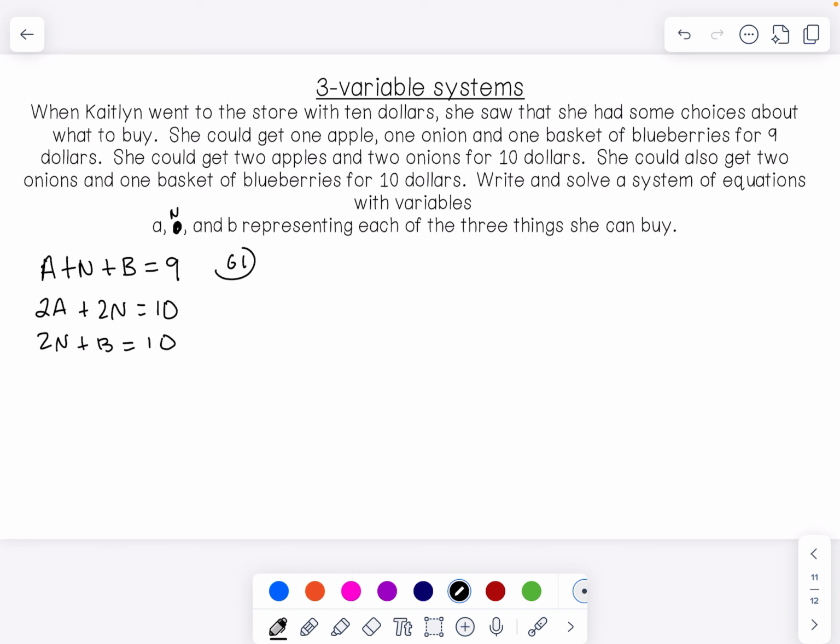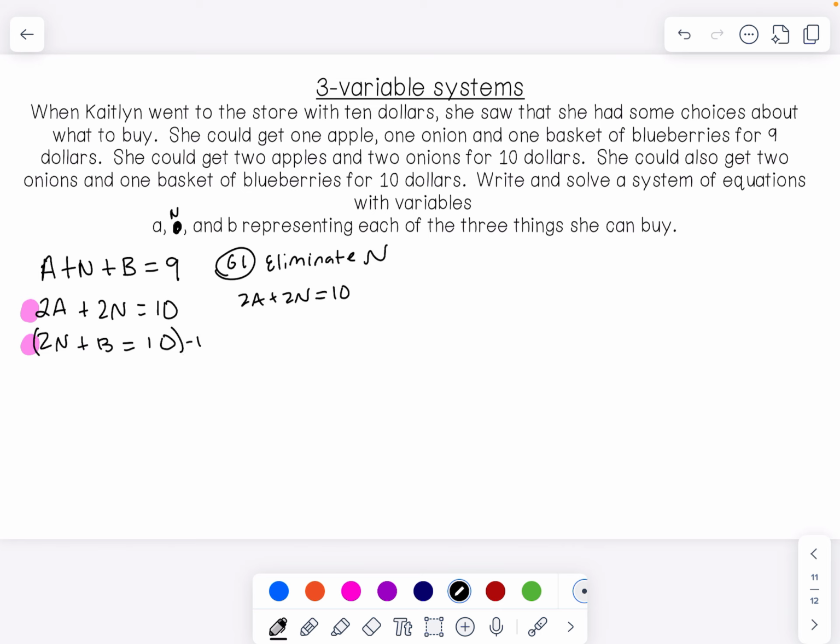So my goal one is going to be eliminate N. I'm going to start with the ones that look like eliminating N the easiest, which is these two. My first one is going to be 2A plus 2N equals 10. I'm going to multiply the second one by -1.